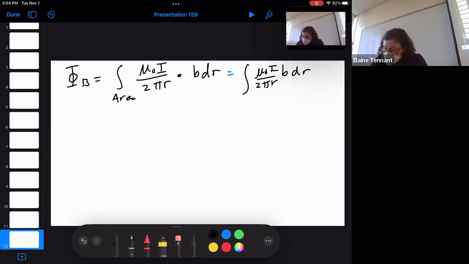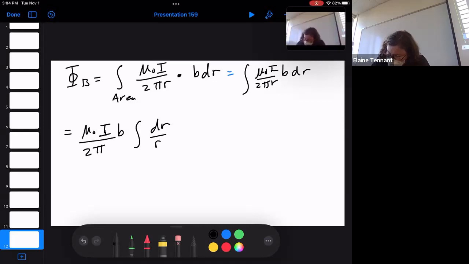Let's start pulling out constants. What constants do I have inside this integral? Mu naught, I, 2 pi, b. Excellent. And the only thing I have left is dr over r.